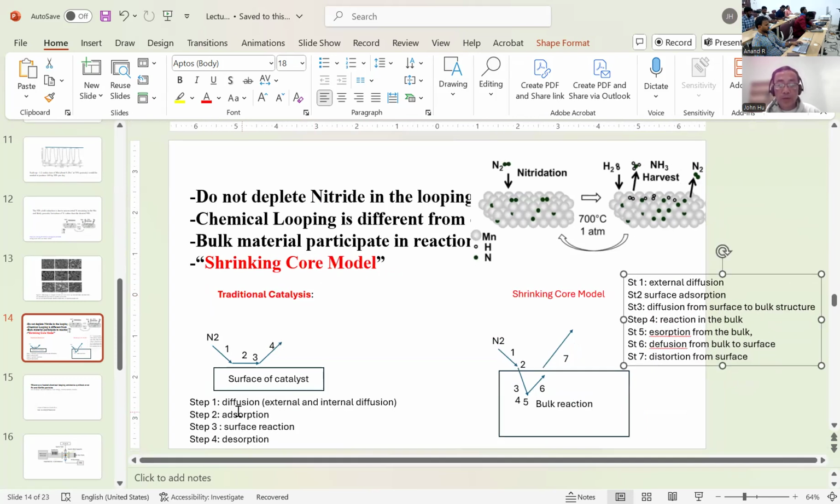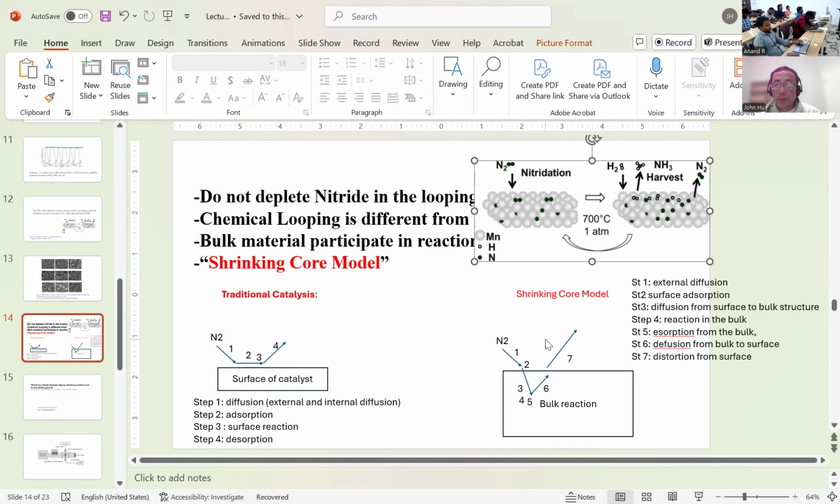Compared to the lab, which is the diffusion from gas phase to surface, adsorption, surface reaction, desorption, because the catalysis only happen on surface. But keep in mind that if you read this cartoon, the chemical looping happen not on surface, it actually happen in bulk.